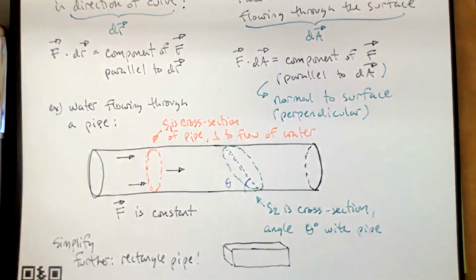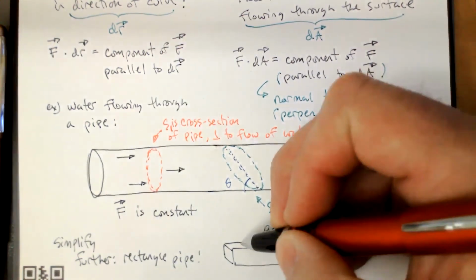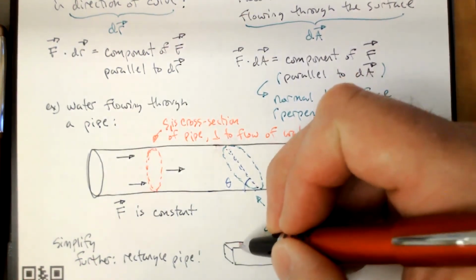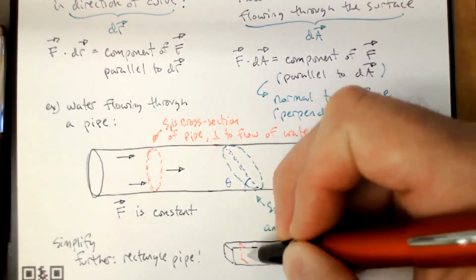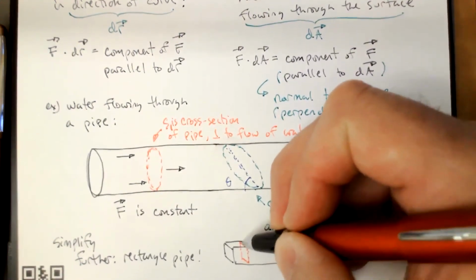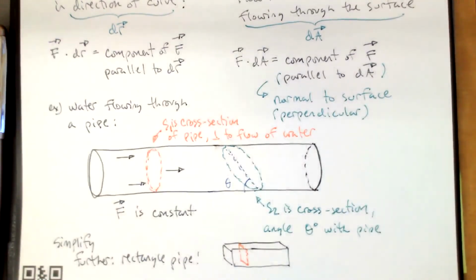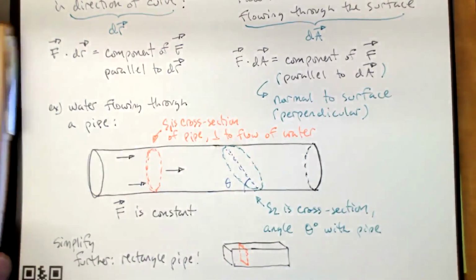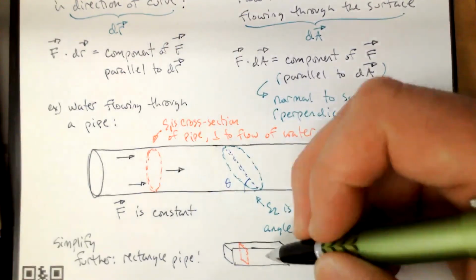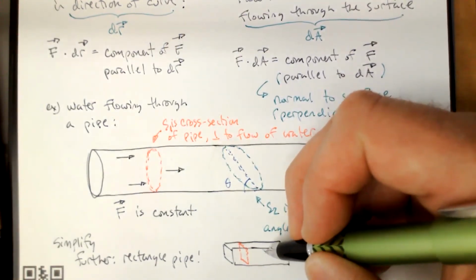So we can do the same thing here. Have S1 be perpendicular to the flow of the water. And then we'll put S2 at an angle.